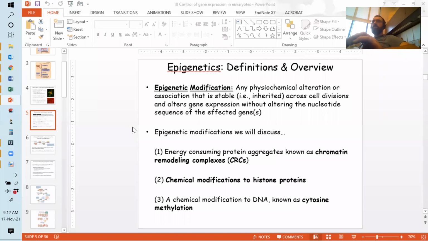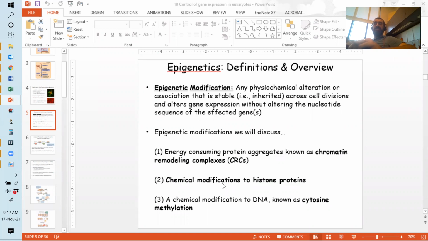Anyway, there are a bunch of different epigenetic modifications. There are ways of remodeling chromatin by things called chromatin remodeling complexes, which we'll talk about a bit because they're kind of neat and interesting, but we'll also spend a bunch of time on histones and their modifications, right?